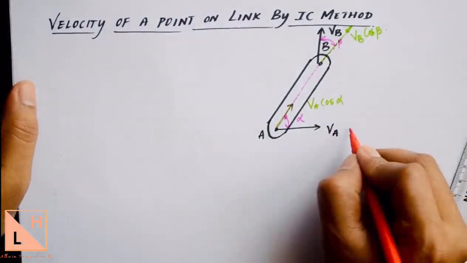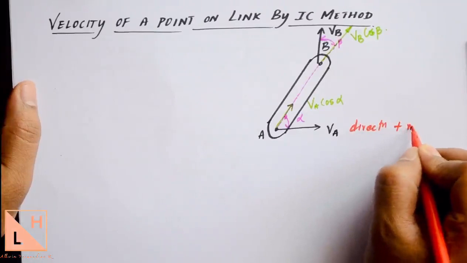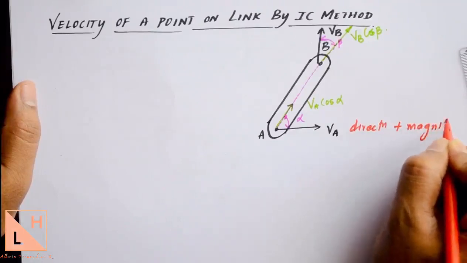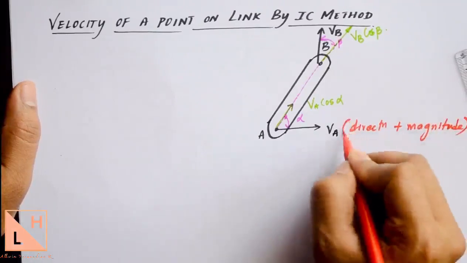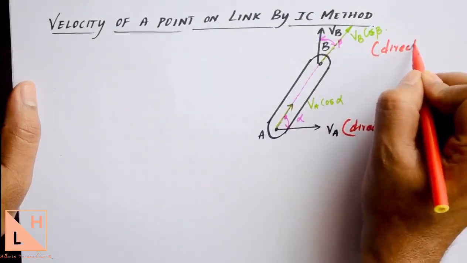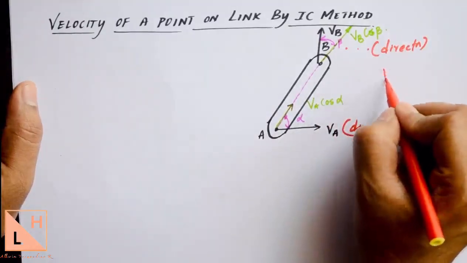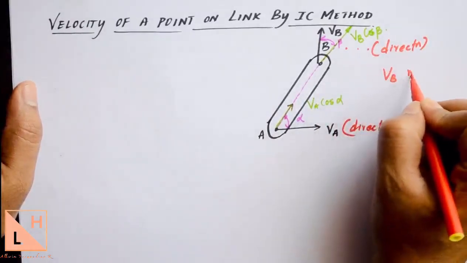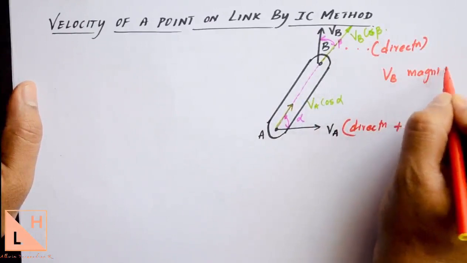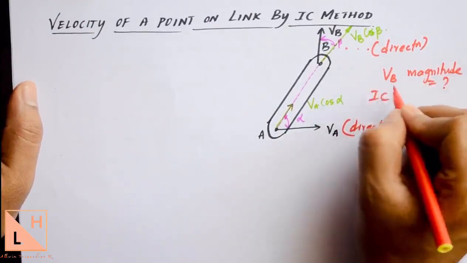Now if we know the direction and magnitude of the velocity VA, and if we know the direction of velocity VB, then we will be able to find out the magnitude of VB using the IC method.